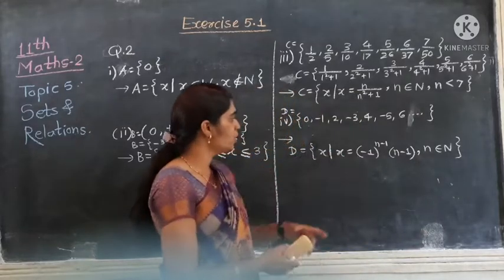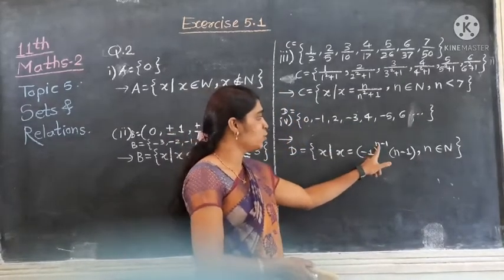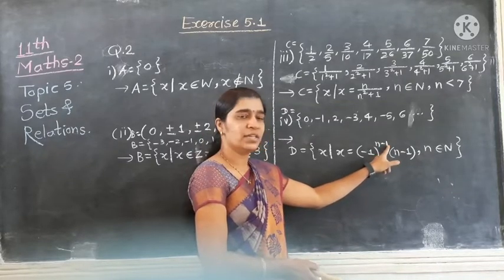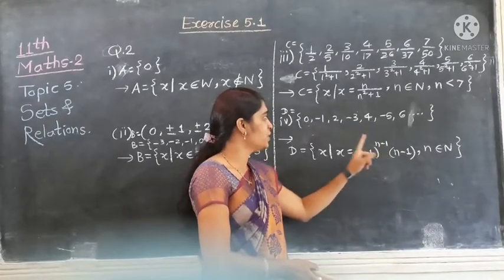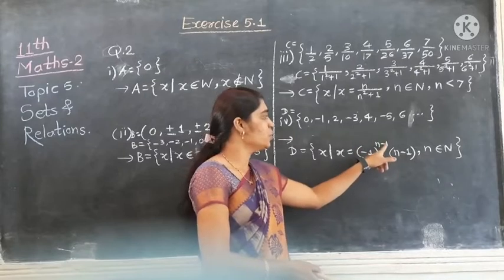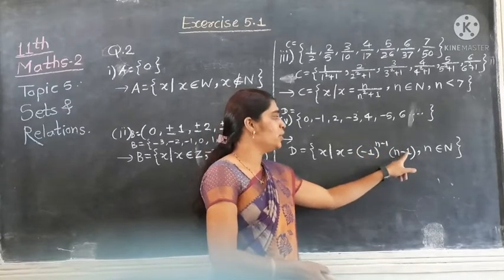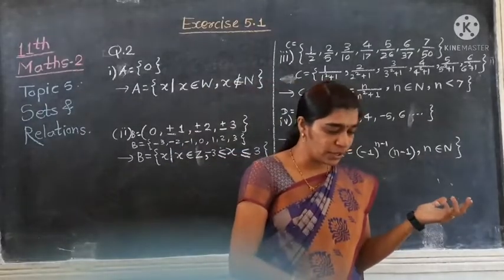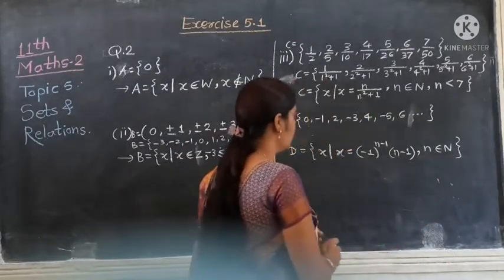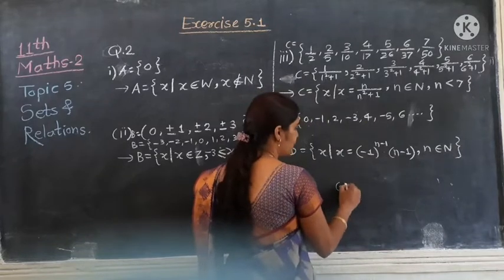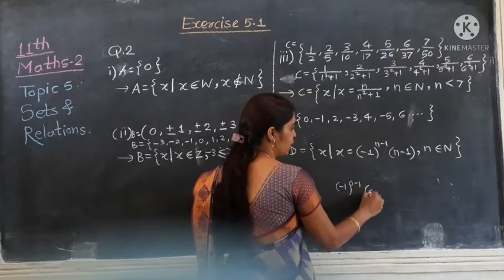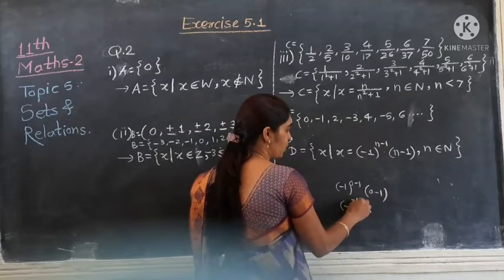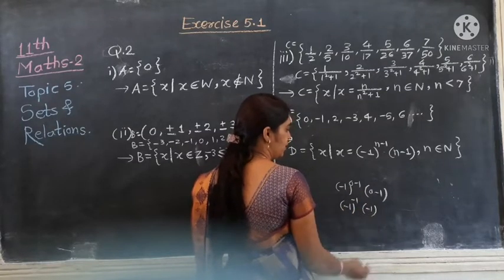Observe here, minus 1 raised to 0 minus 1 into 0 minus 1 means minus 1 raised to minus 1 into minus 1.